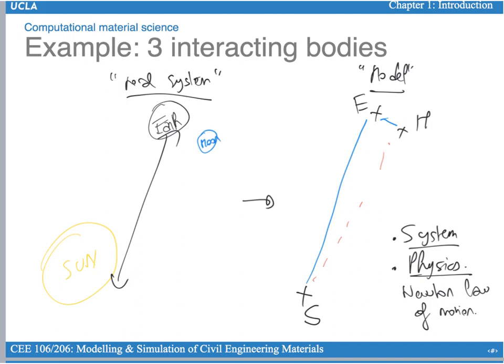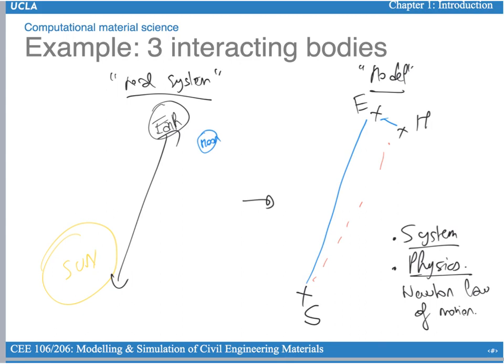The earth has a much higher mass than the moon, so its interaction with the sun will be higher than the interaction with the moon. And we disregard the interaction between moon and sun because the earth and the moon are much closer to each other than the sun is to the moon. So this is a common assumption: we disregard the interaction between the sun and the moon and only consider the interaction between sun and earth and moon and earth.